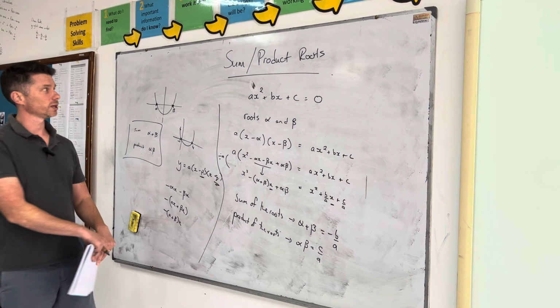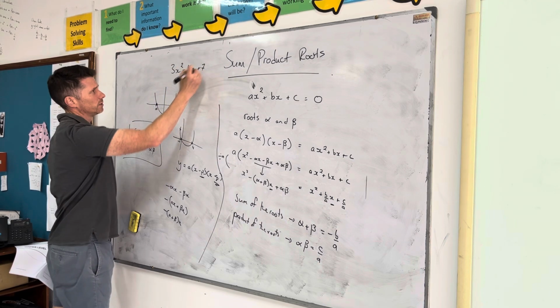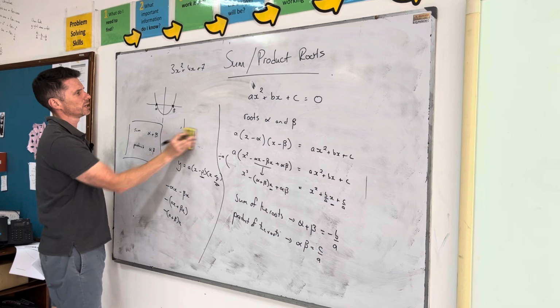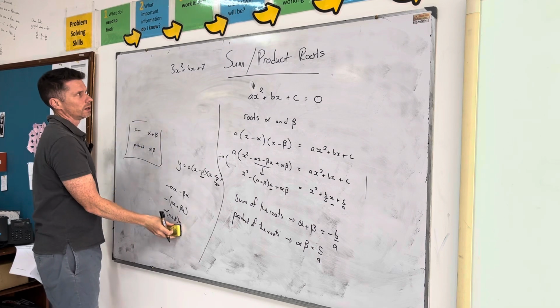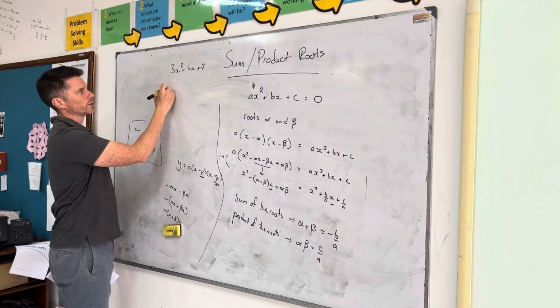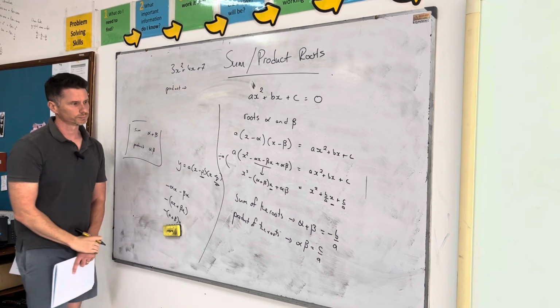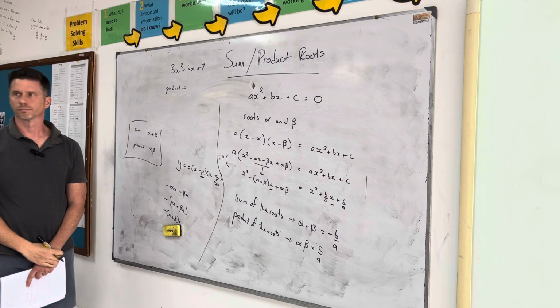So if your quadratic starts with a 3x squared plus 4x plus 7, this might be a bad example, but if it was this one, the first thing you do would be to, well, what's the product of these roots? Wait, can anything be quadratic? Can you just write down any set of numbers?